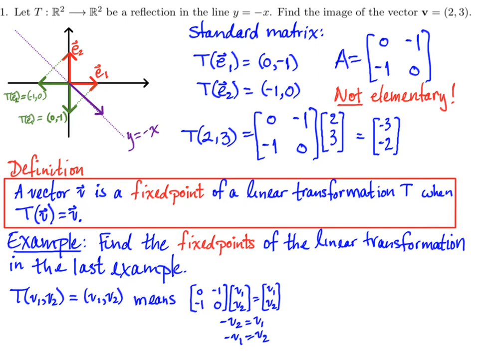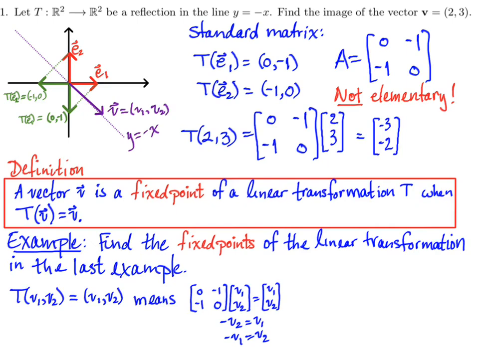Call that V. It has components V1, V2. Then its image, when it gets reflected across that line, can't move.